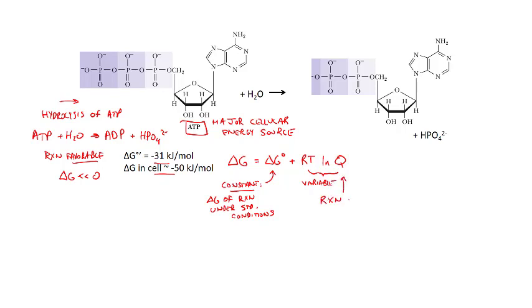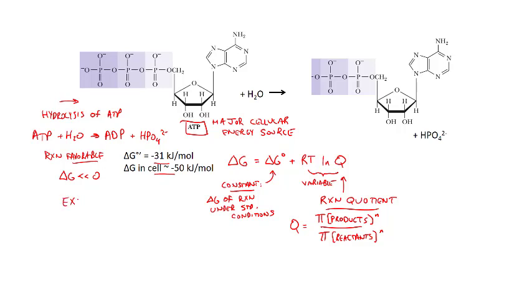That Q is what's called the reaction quotient. So the reaction quotient is equal to the product of all product concentrations at that given point in time, raised to their stoichiometric coefficients, divided by the product of all reactants concentrations at that moment in time, raised to their coefficients.